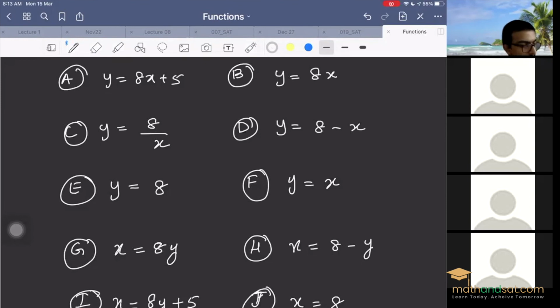Did you note down all these expressions? 10 of them? First one. Does that represent a linear function?